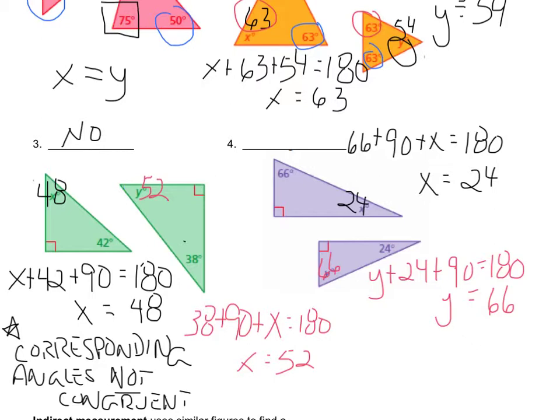Again, 24 is not 66, but when we focus on the corresponding angles, this angle and this angle, which correspond, are equal. Certainly, we know that the right angles are equal, and we also have these two corresponding angles, and they are equal. So in this case, we would say that these two are similar.